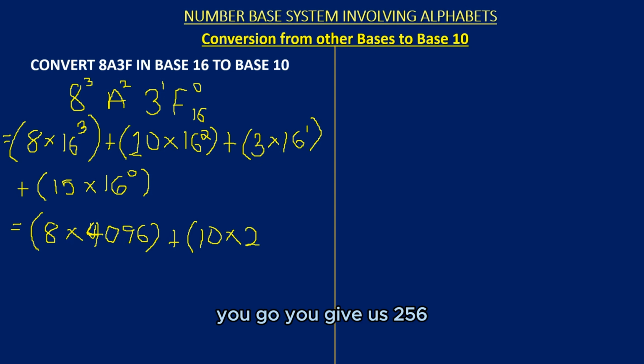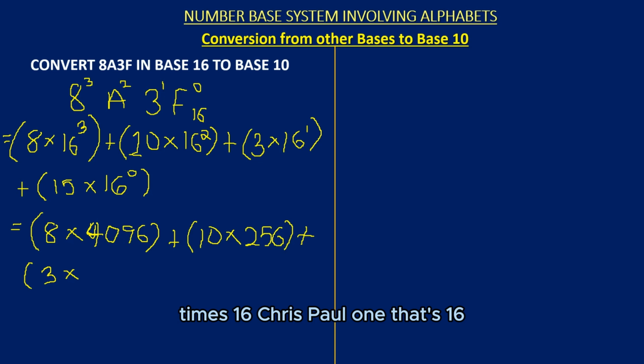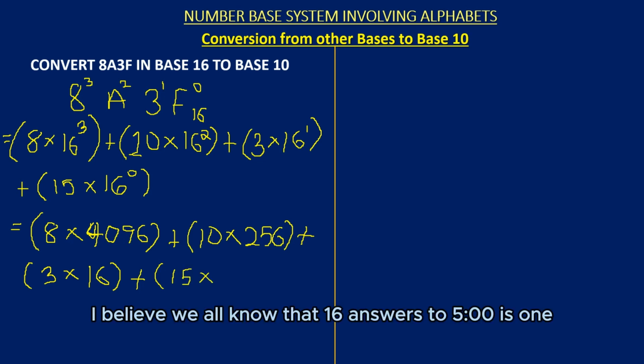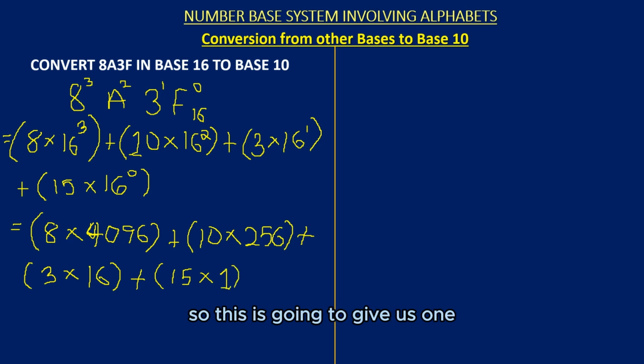That gives us 256. Then we also have 3 times 16 raised to the power of 1, that's 16. Then plus 15 times 16 raised to the power of 0. I believe we all know that anything raised to the power of 0 is 1. So this is going to give us 1.